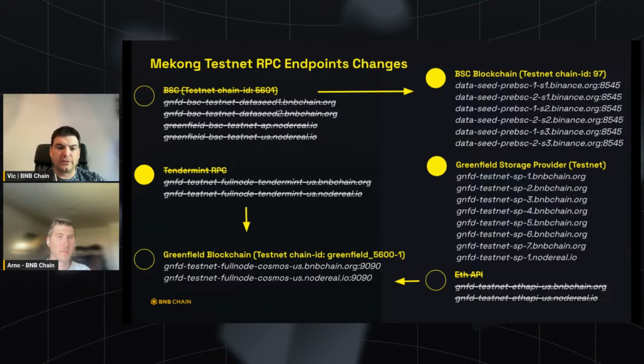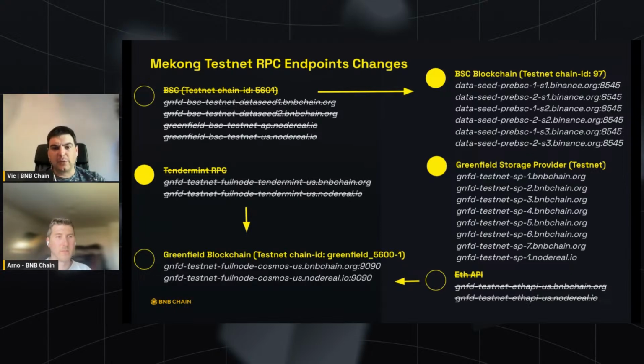Now this was decommissioned, it doesn't really exist anymore, and now you can use the regular BSC testnet. And the ETH API and the Tendermint RPCs were also put together and overloaded with the Greenfield blockchain. So this is a different blockchain.